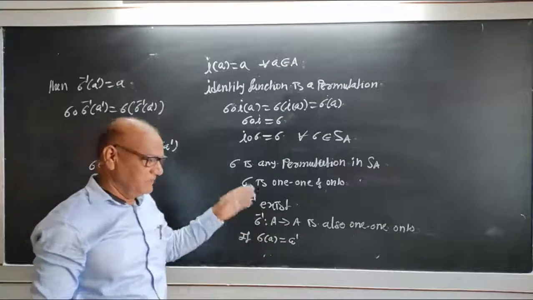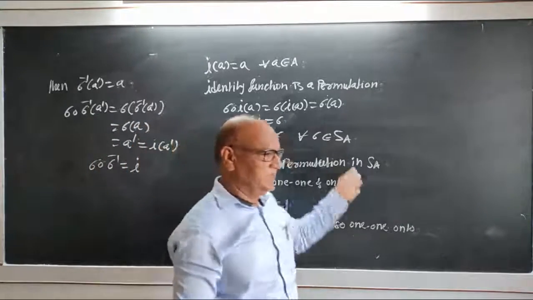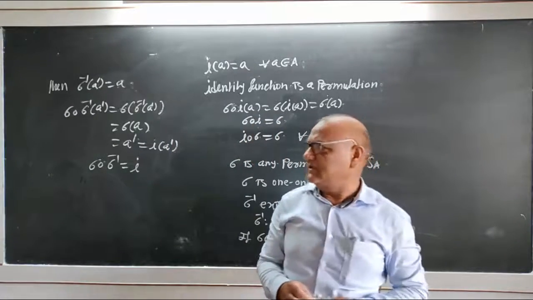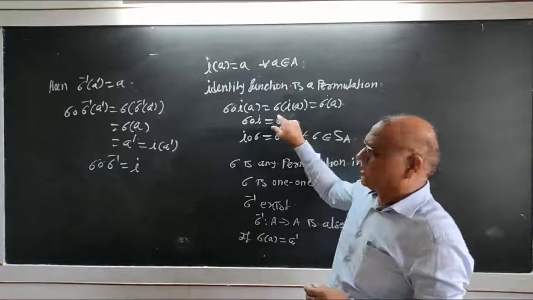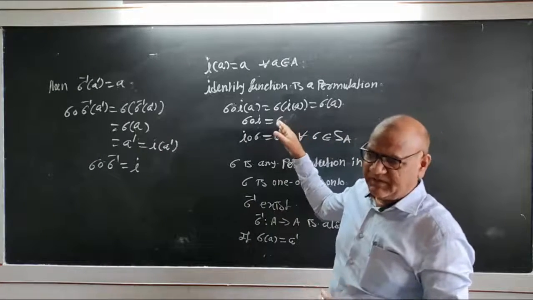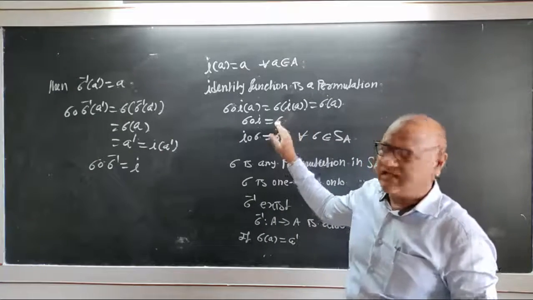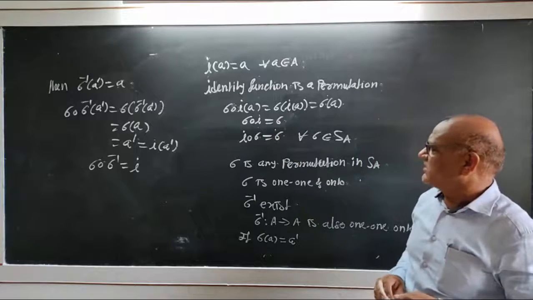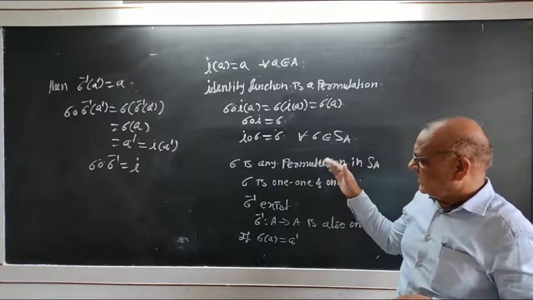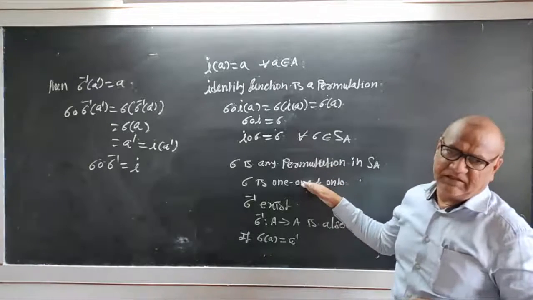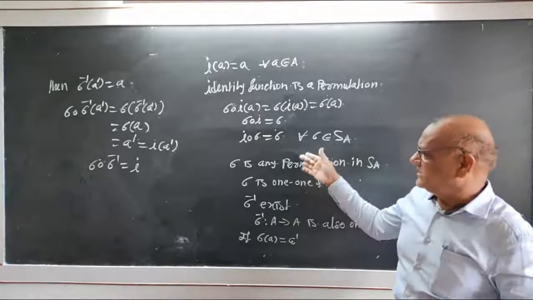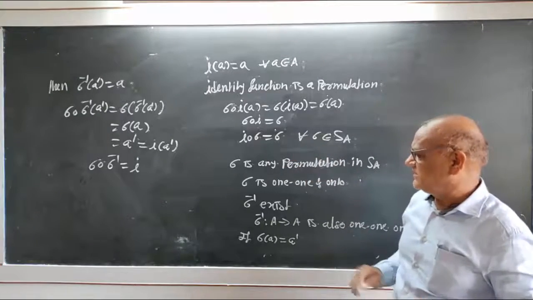Inverse exists. That means the closure property is satisfied in SA under permutation multiplication. Permutation multiplication means function composition, which is associative. Again, the identity function is 1-1 and onto, so it is a permutation, and the identity exists.